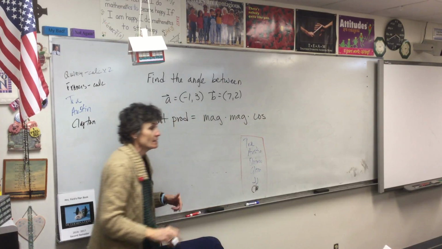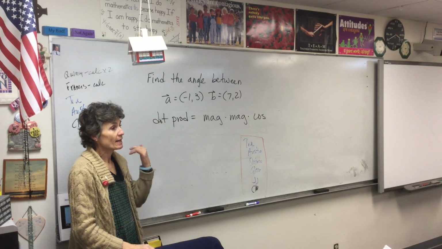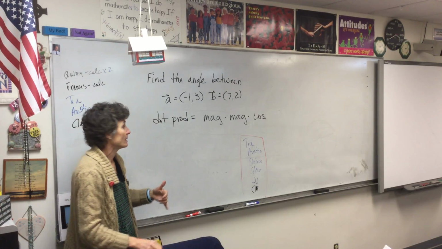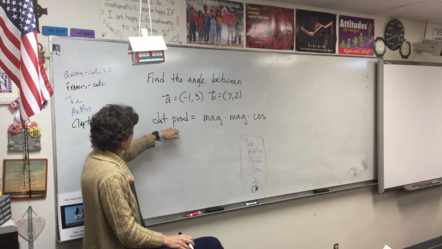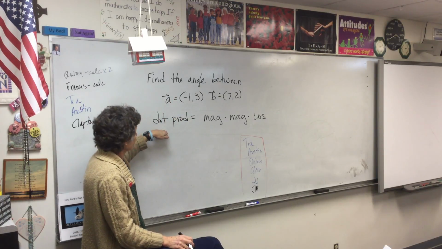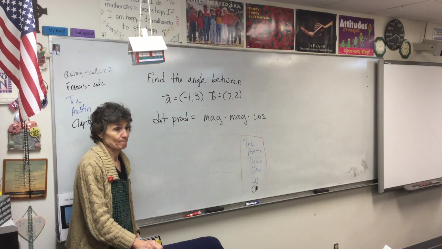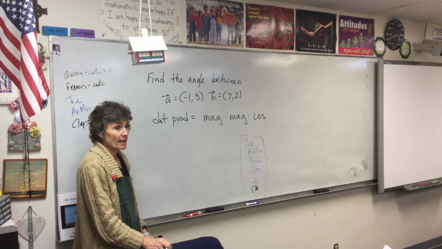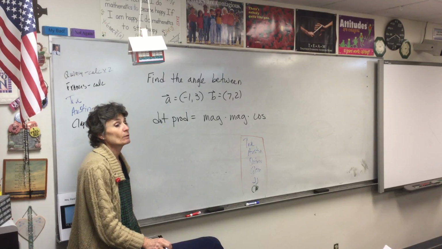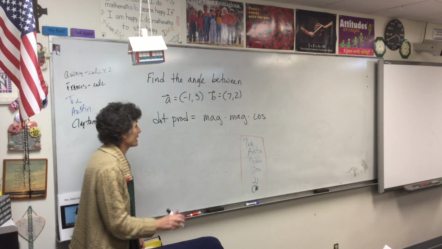Remember that? Dot product equals mag times cosine. So, first thing I'm going to do is find the dot product. So here are my two vectors. Who remembers how to do that? Yep. X times x, y times y, add them together.